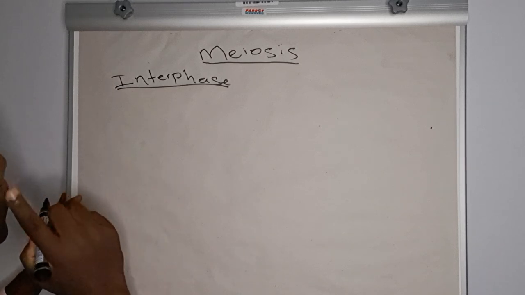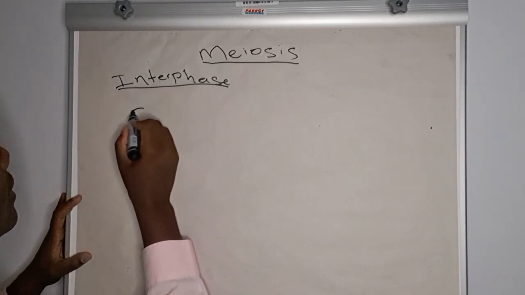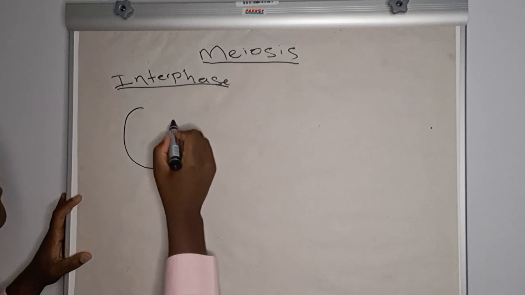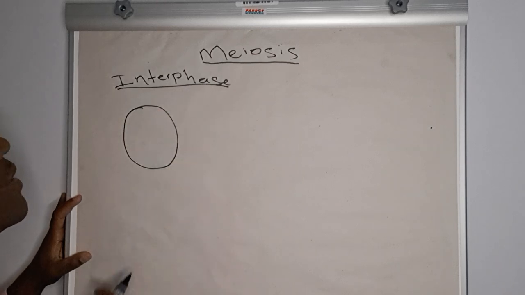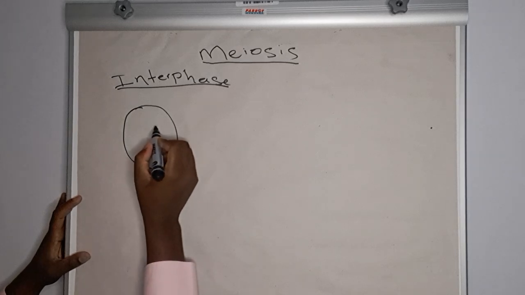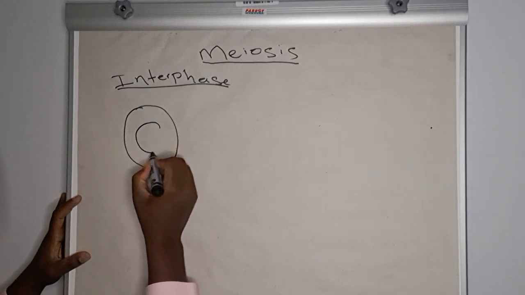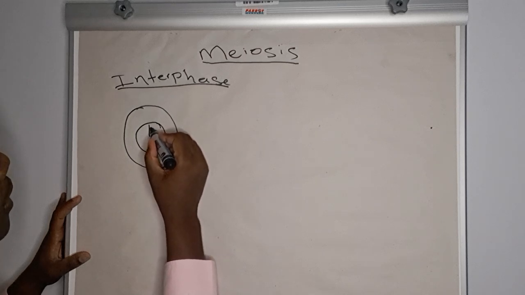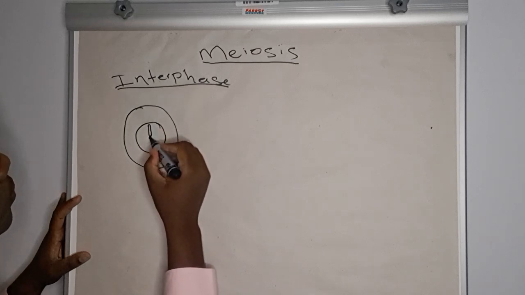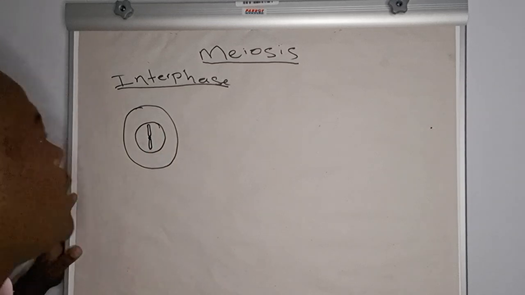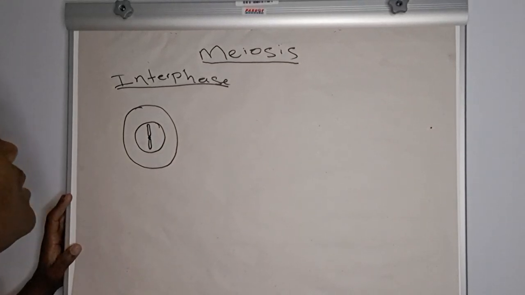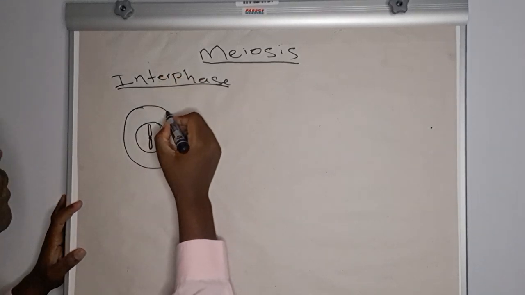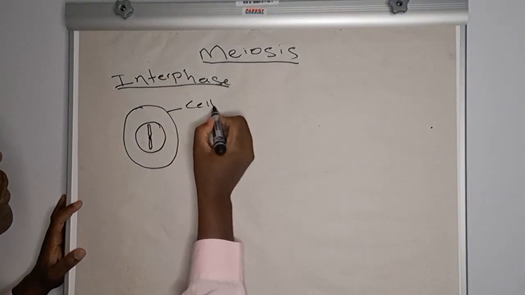What we are going to do here, we have our cell. Remember, this is interphase. If we have our cell like this, then we're going to have our nuclear membrane, and then inside we're going to have our chromosome. So just a quick explanation, this will be a cell membrane.